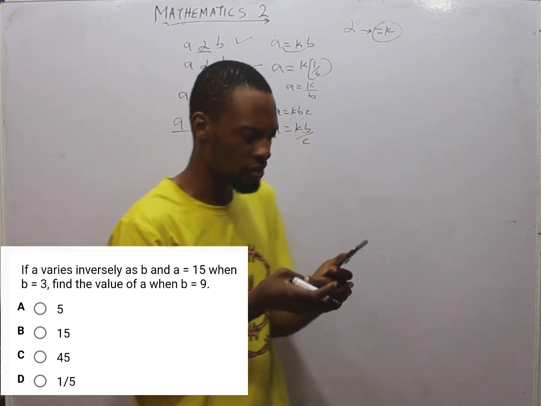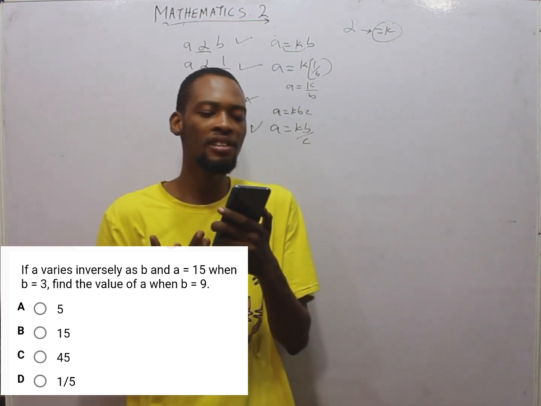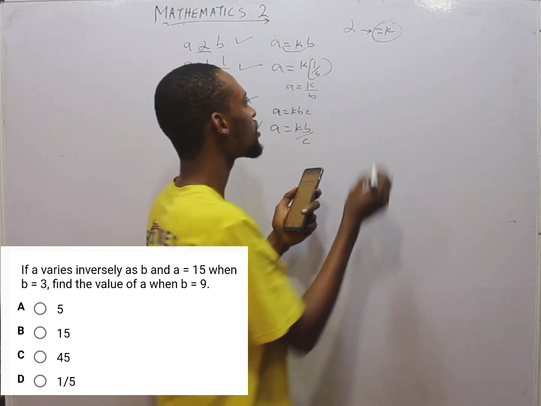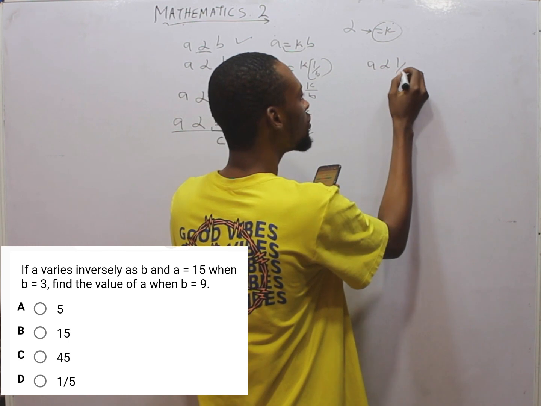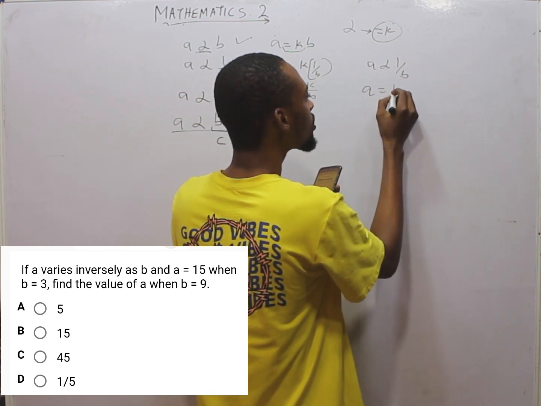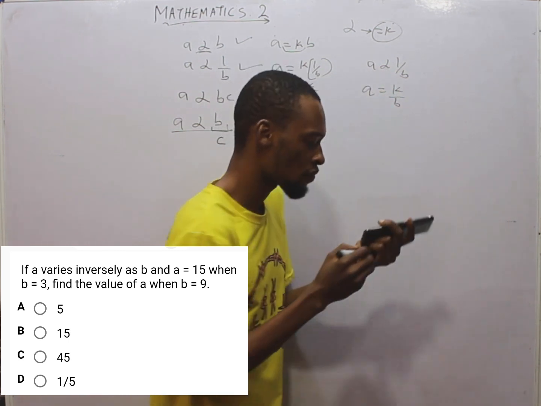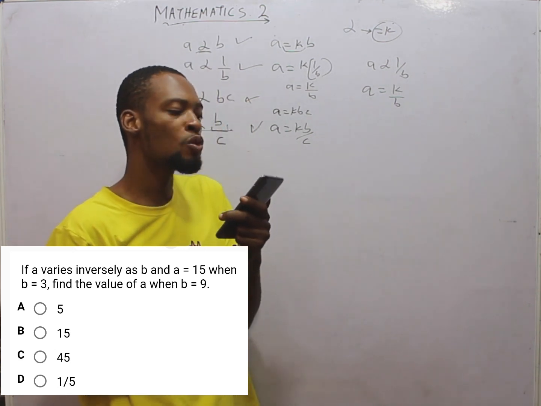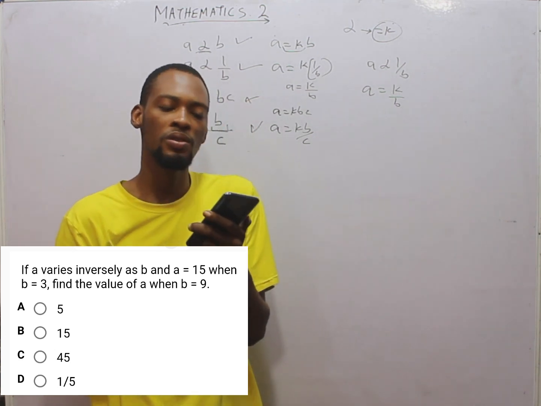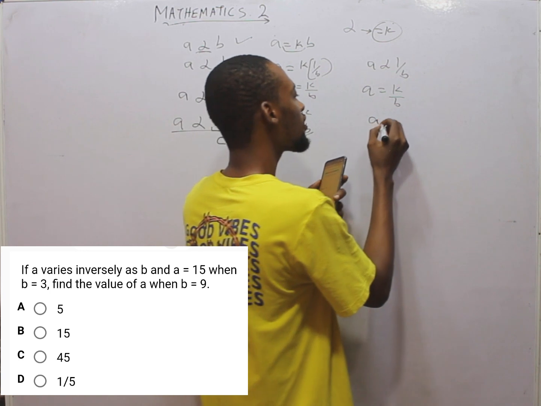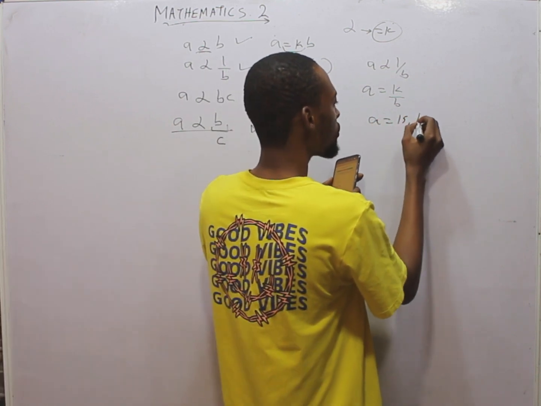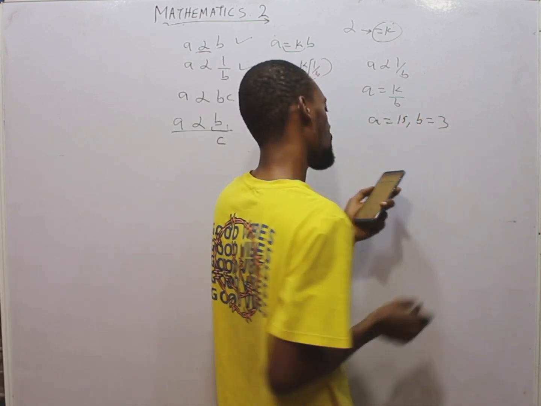Look at our question here. It says A varies inversely as B, which implies that A is 1 over B, A is equals k over B. It says A is equals 15 when B is equals 3. So A is equals 15, B is equals 3.